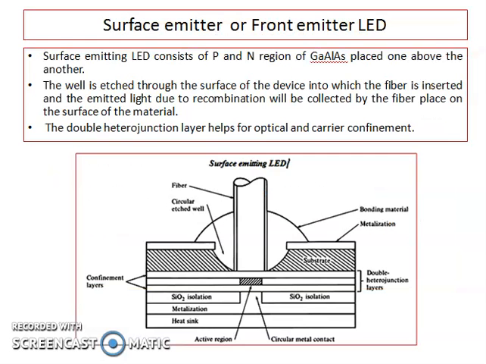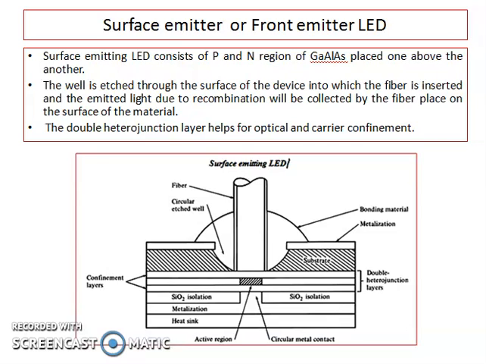Depending upon the type of construction, we have two types of LEDs available. One is the surface emitter or front emitter LED. The surface emitter LED consists of P and N regions of gallium aluminum arsenide placed one above the other. A well is etched into the surface of the device into which the fiber is inserted as shown in the diagram, and the emitted light due to the recombination will be collected by the fiber placed on the surface of the material.